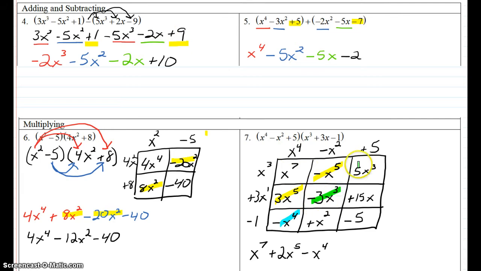I have one here and one here. So 5 minus 3 is going to give me 2x cubed. And then everything else is just singleton, so just positive x squared plus 15x minus 5.